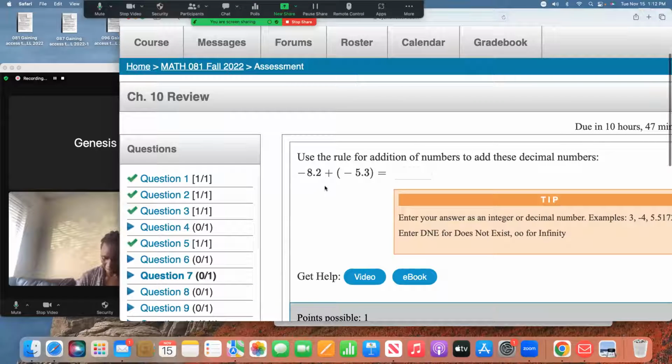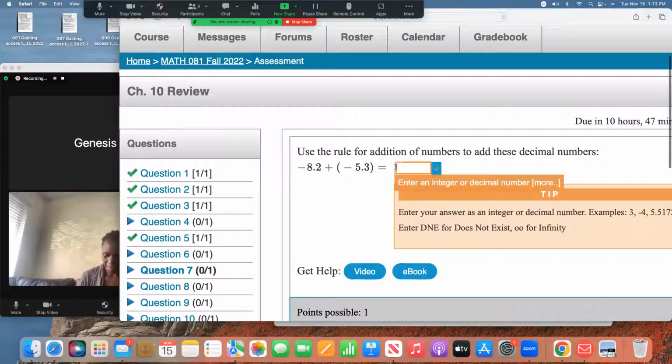Okay, here's a perfect little example of what we really just did. It's an addition problem, and it actually says so. It's a -8.2 and a -5.3. So the whole job is, can you add 8.2 and 5.3? So I'm going to add it for you just to be nice. And so it's 13.5, but the two negatives make it more and more negative.